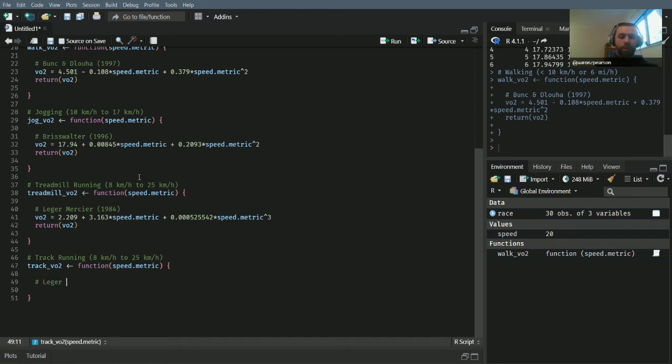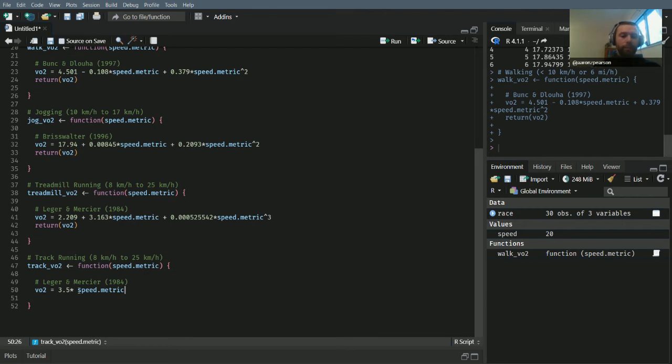So we'll credit Leger and Mercier 1984. Let's add that right there. And this one's the simplest one that we'll be building, and the one that we're going to be using moving forward. And all it is is 3.5 times our speed metric.